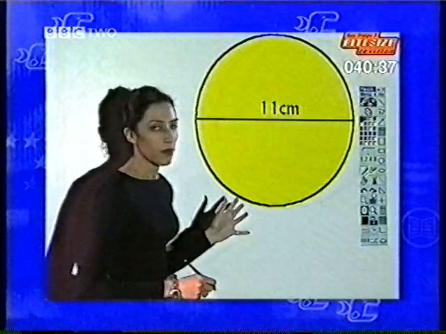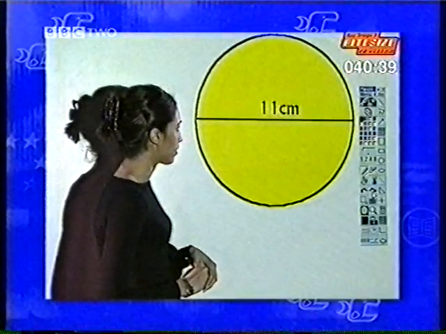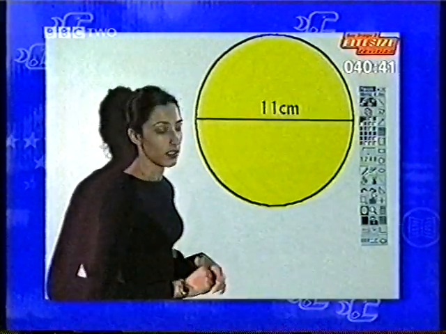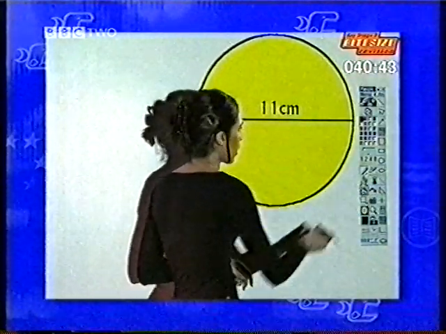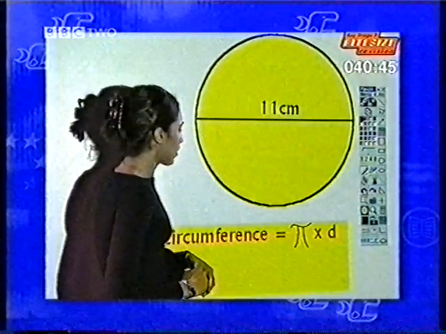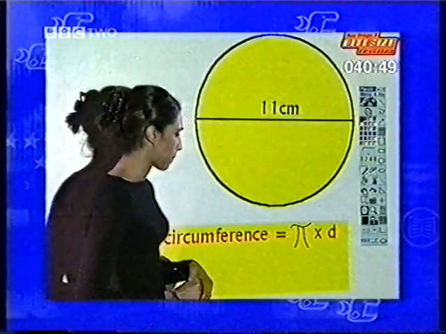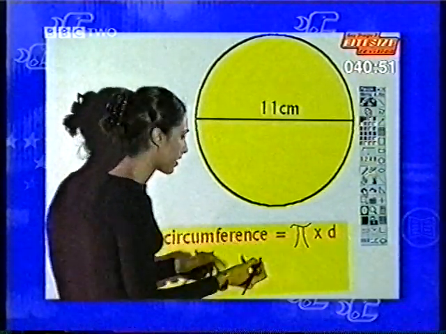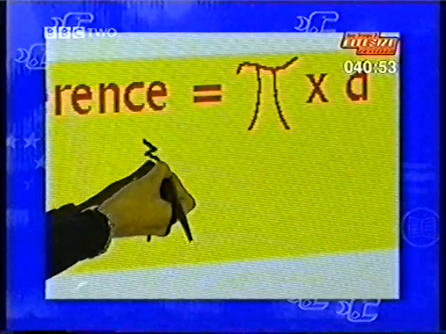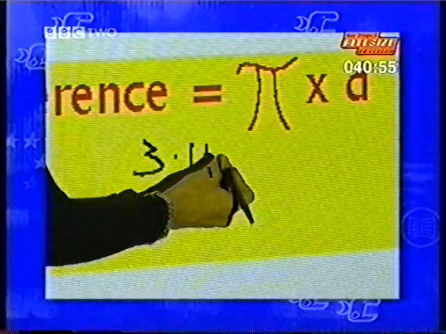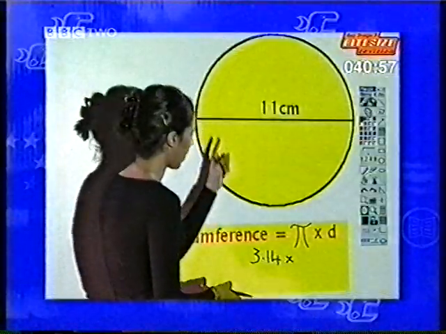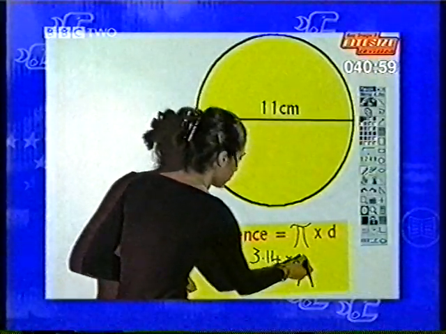If I want to find the circumference of this circle, the first thing I notice is that the diameter is 11 centimetres. So I'm going to use a formula to help me work out the circumference. The formula for circumference is pi multiplied by the diameter. Now pi we can approximate to be about 3.14. And we multiply that by the diameter of this circle, which is 11.